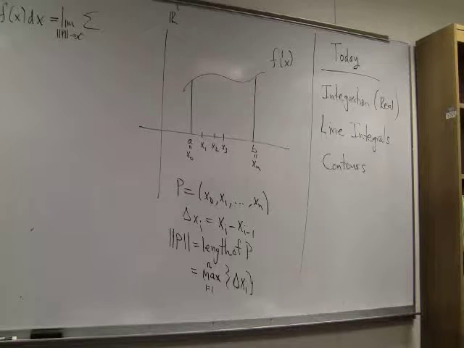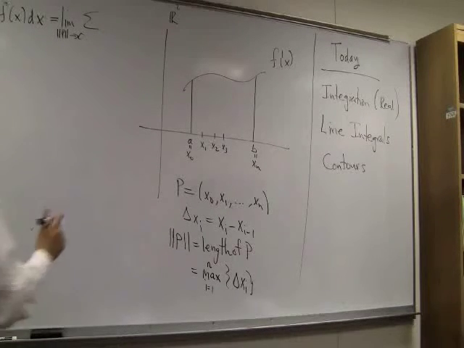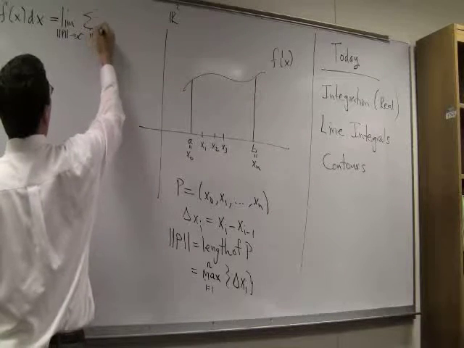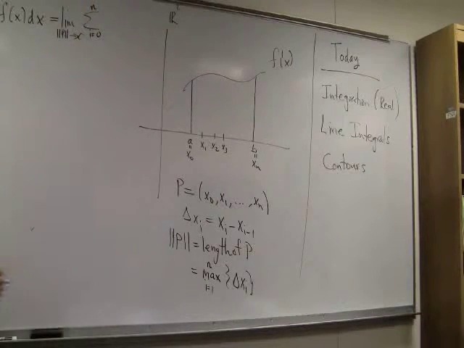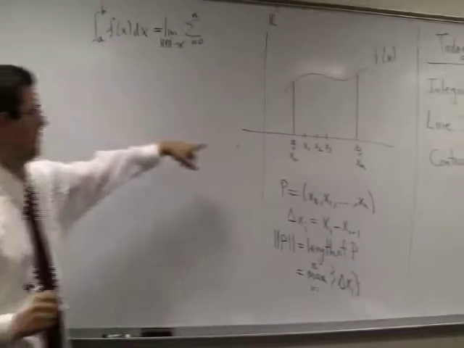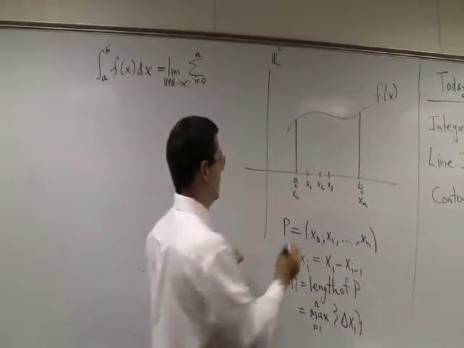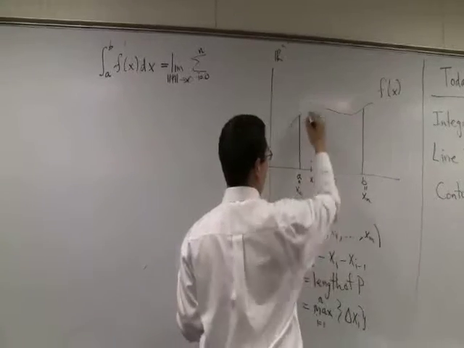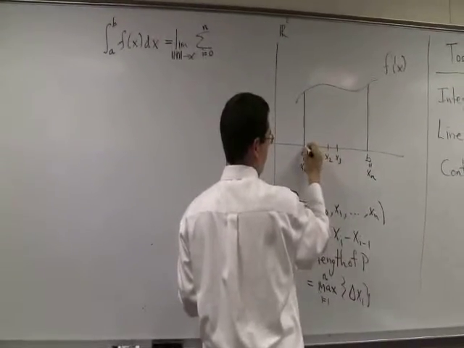We allow n to do whatever we need it to do so that the length can go to 0. So we sum from i to n, and then what are we supposed to do? We're supposed to look at, well, you need to make a rectangle. So how do you make a rectangle, say, out of this first bit here?